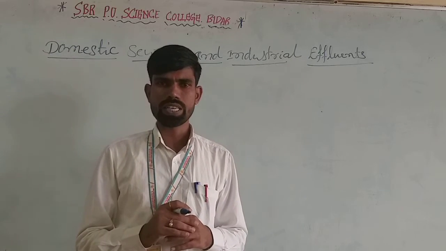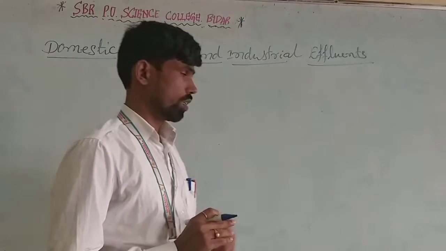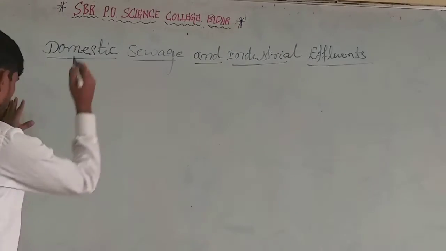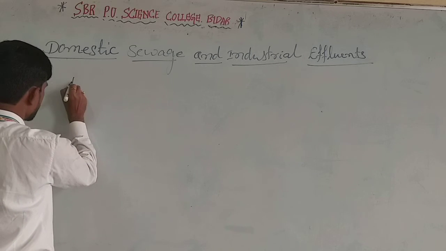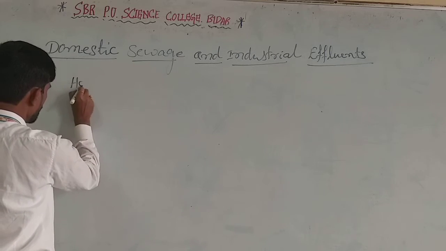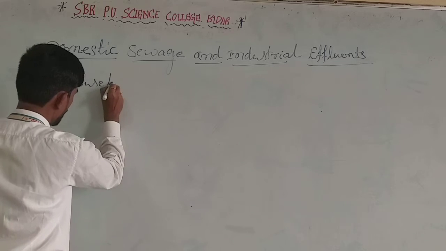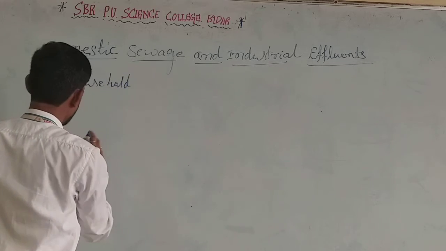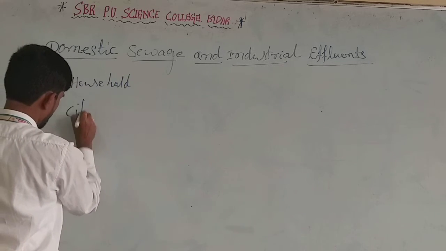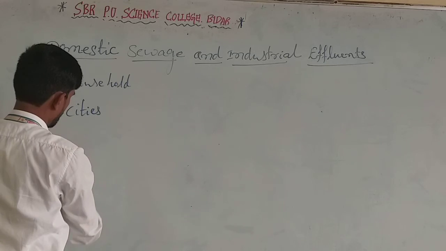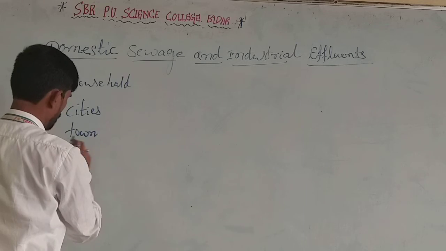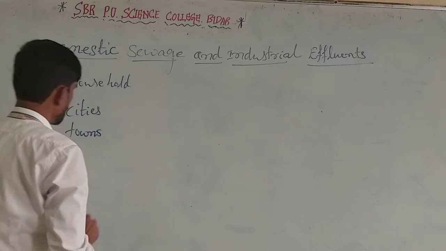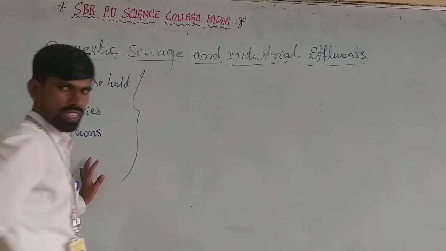So it is called domestic sewage. Domestic sewage means from households, then cities, then towns. So this sewage is formed.